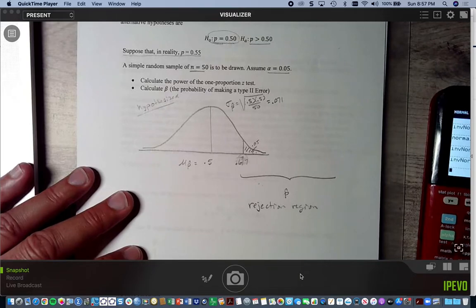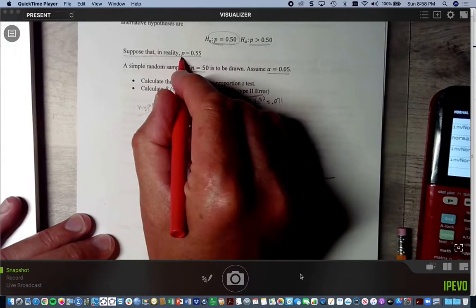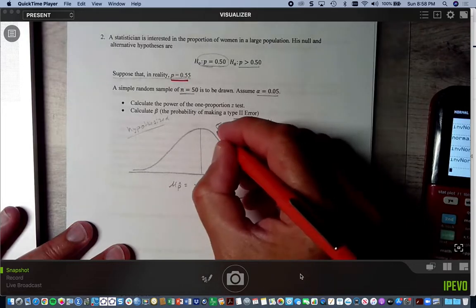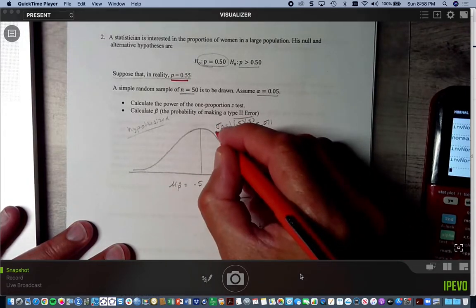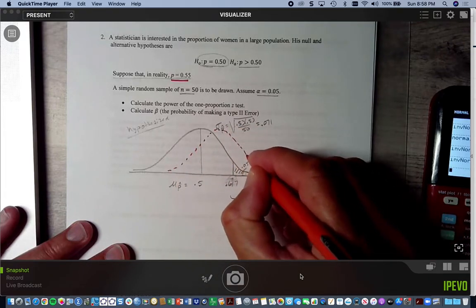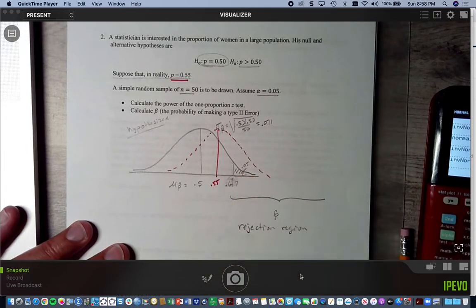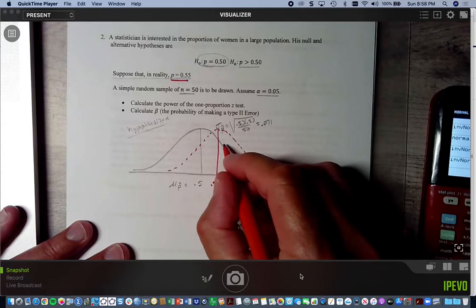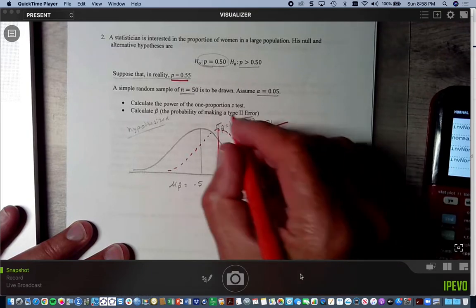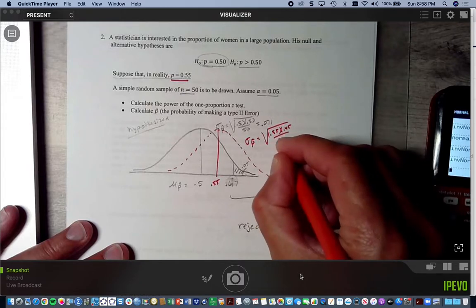Okay, then I want to look at the reality. In reality, p is 0.55. So if I draw another curve that is centered at 0.55, the standard deviation of this one is going to be slightly different than the other one, because we're going to be using 0.55 here and 0.45 divided by 50.